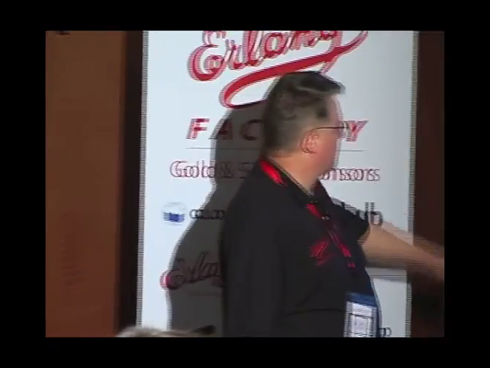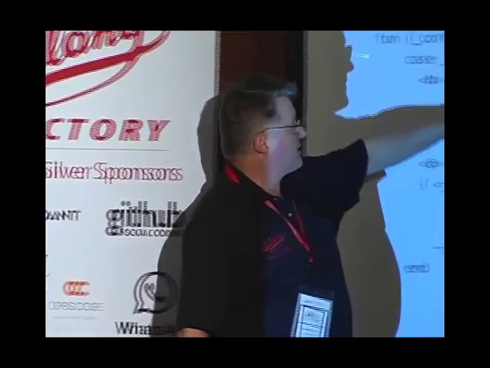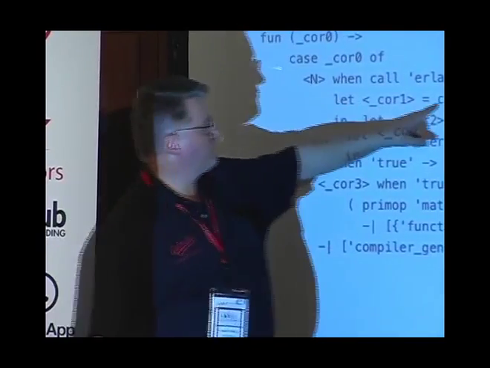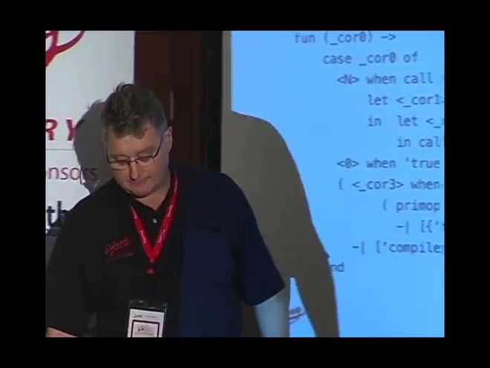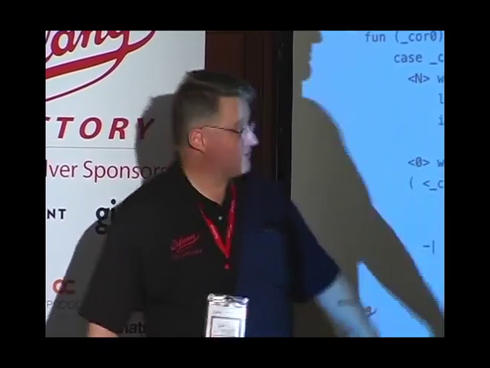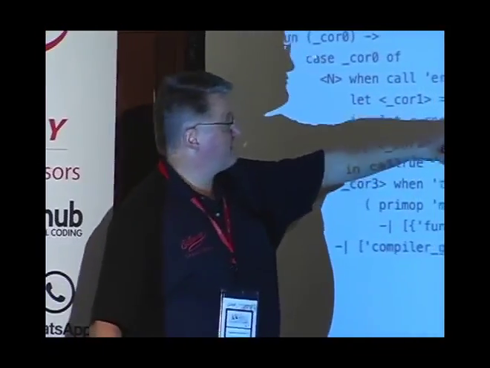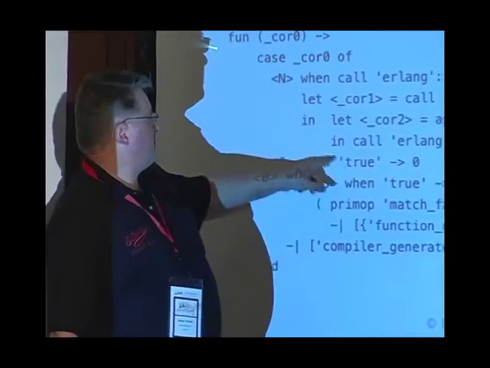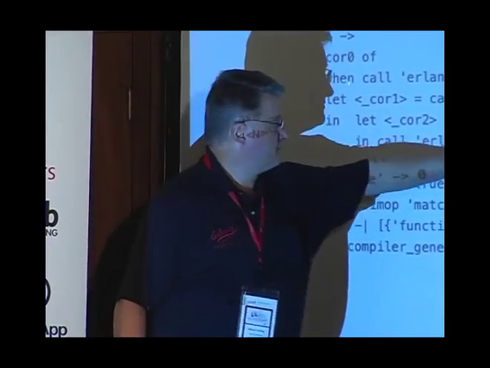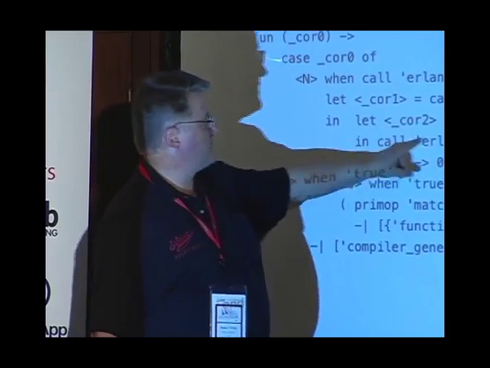One of the things that happens is that all pattern matching is broken out into a case internally. And if it's N and we've got the guard here, then we do this: create a local variable here, and then we apply fac1 to this variable, and we let that in, and then we set that variable to that, and then we return that value there.